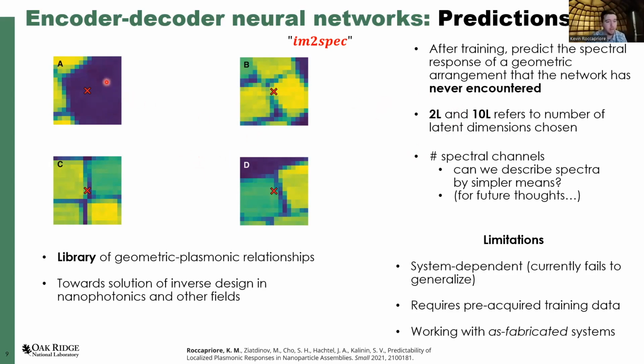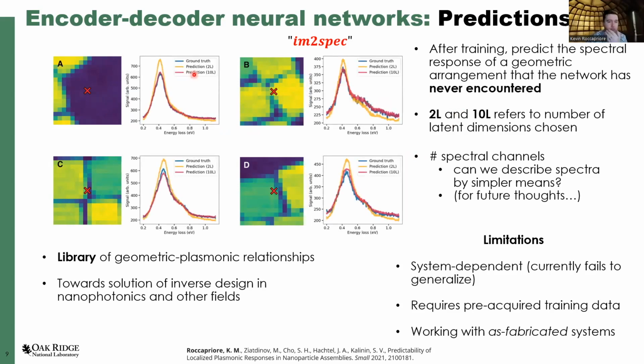And so these image patches have never actually been sent to the network, so it doesn't have them as a reference. And so we want to use this now as, okay, now I'm going to give you this image patch and you tell me what the spectrum is. And when we do that, we find that it does a pretty decent job. The ground truth is this blue one here, and again, when we increase the number of latent dimensions, we typically get a better match.